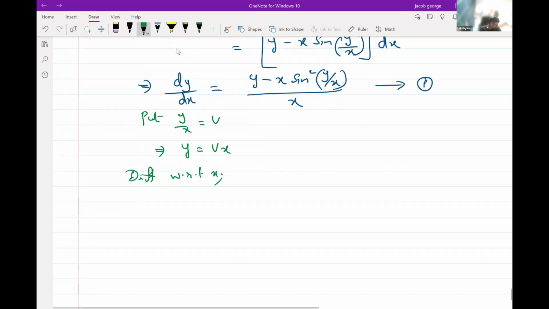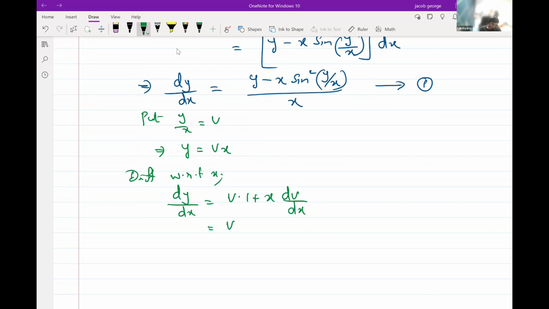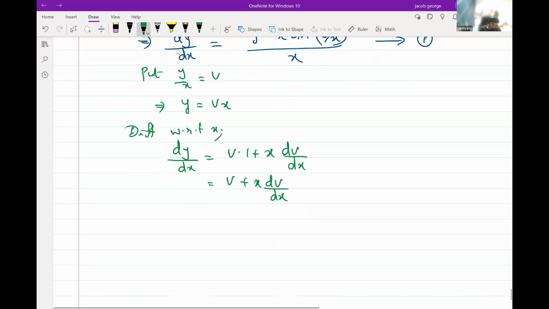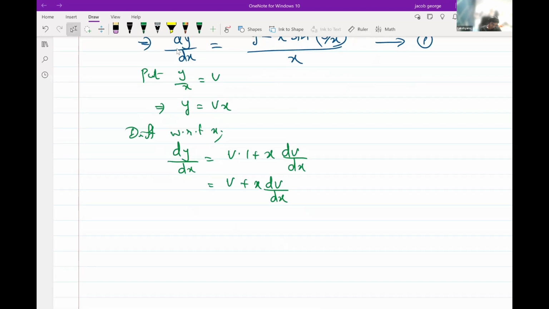So we get dy by dx is equal to v into 1 plus x into dv by dx, which means v plus x dv by dx. Substitute this into equation number 1.